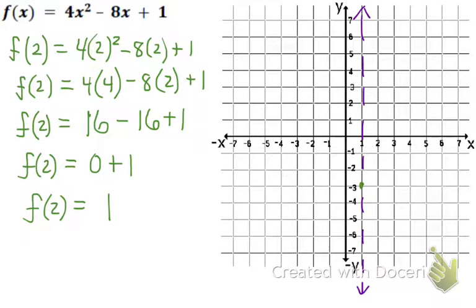We just found a point at (2, 1), so we can plot that point. We saw our y-intercept at (0, 1), and then we can connect these. So we've got at least 3 points. You always want at least 3 when you're graphing. Connect them with a smooth curve.